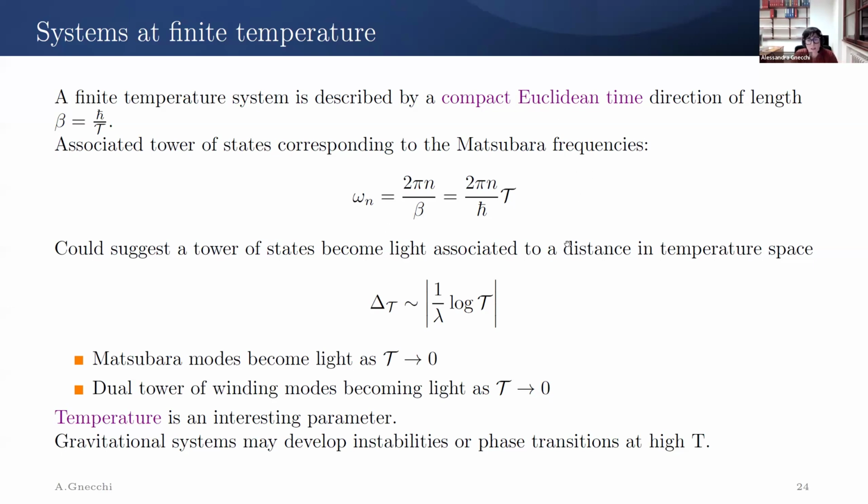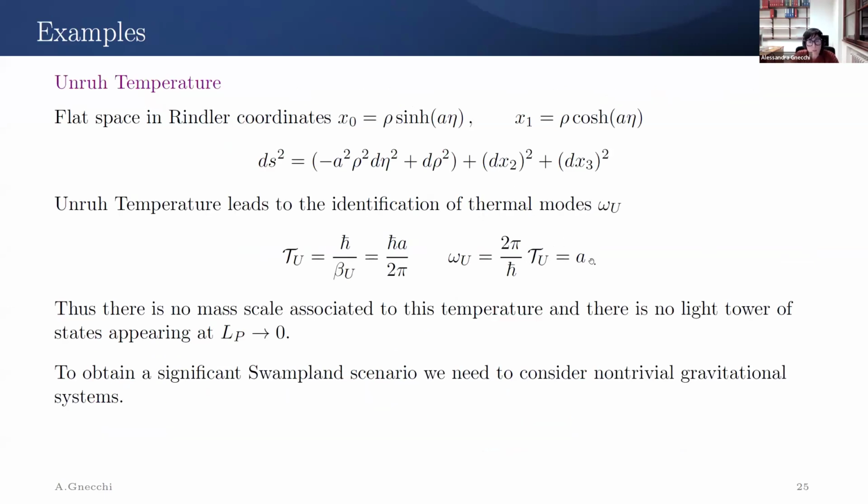We want to study gravitational systems. So let's look into something related to spacetime. The easiest example would be to study the Unruh temperature. We don't need to introduce gravity yet. We're in flat space. Nothing is curving our spacetime, but we can change system of coordinates. We can go into an accelerated observer.